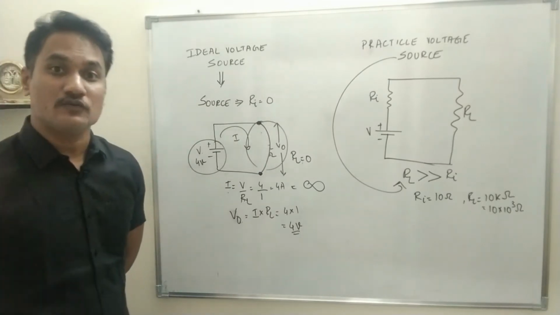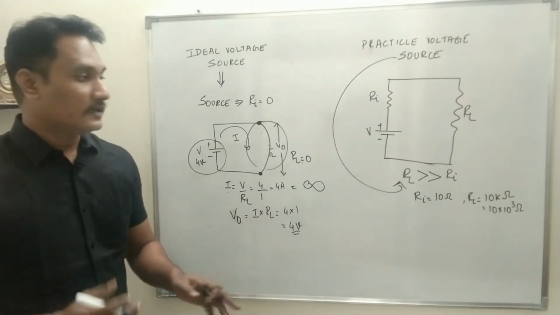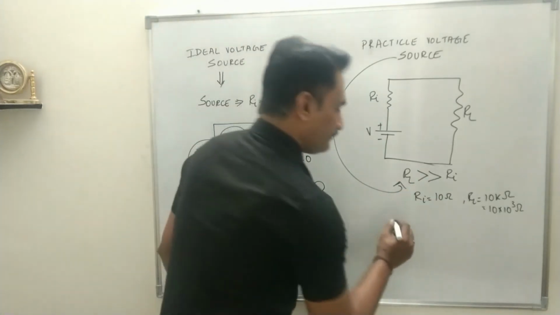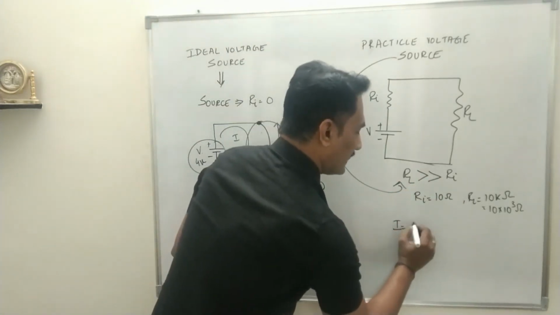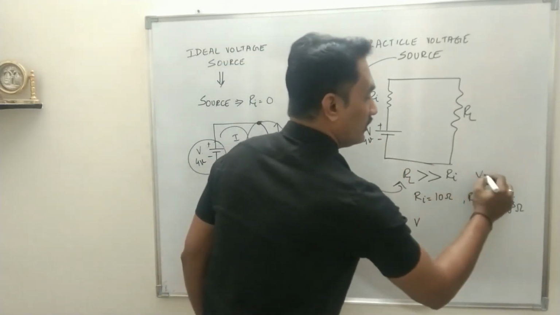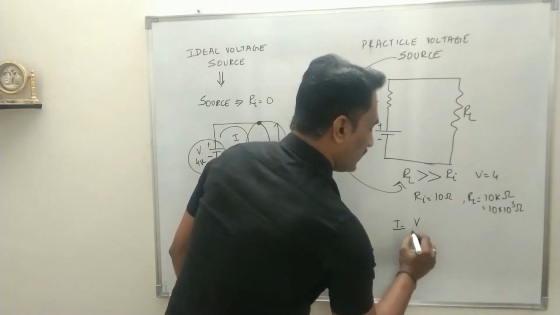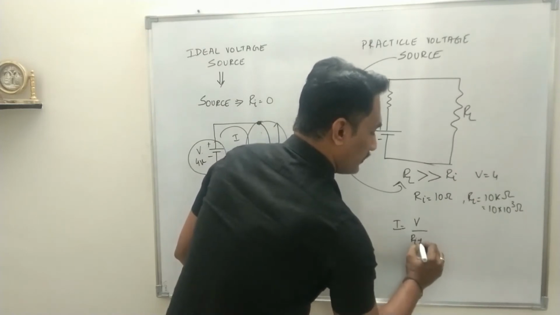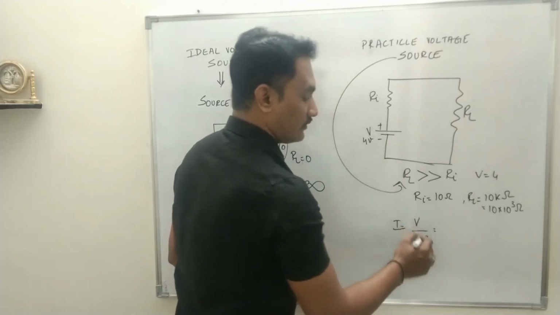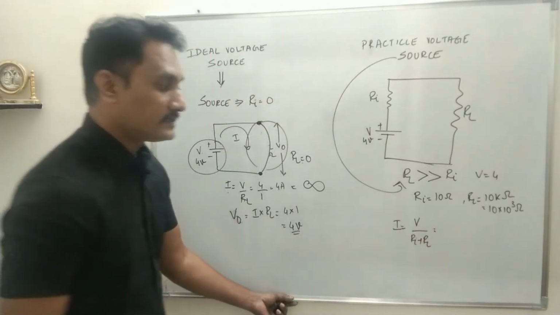That means 10,000 ohms. So of course RL is much greater than Ri, right? So what is I? V is equal to 4 वोल्ट है, तो I is equal to V upon Ri plus RL, right?